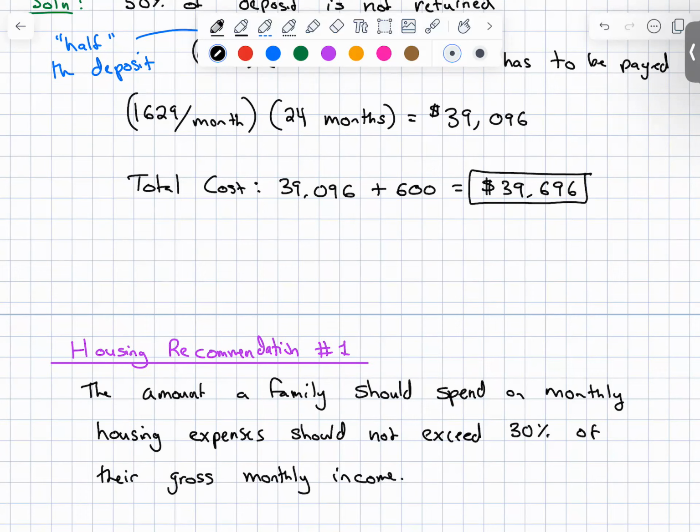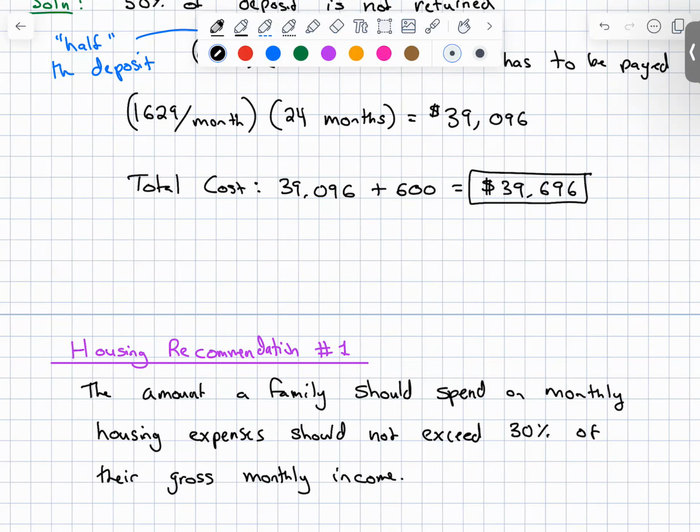I would be surprised to see that for the average American right now, but back in 2009, before COVID made prices go out of control, this was actually reasonable to expect. So ideally, your housing should not cost you more than 30% of your monthly income.